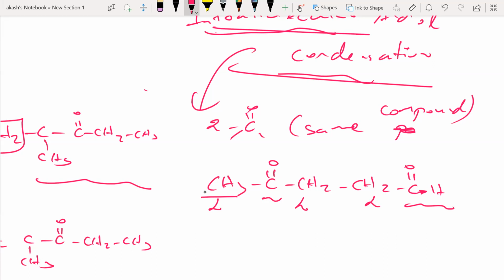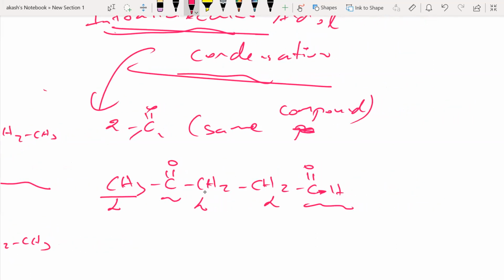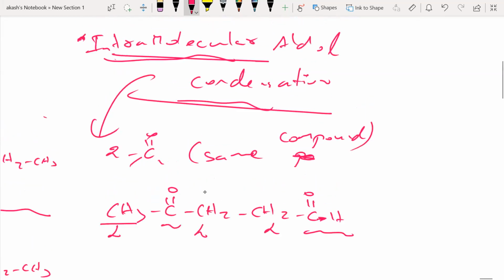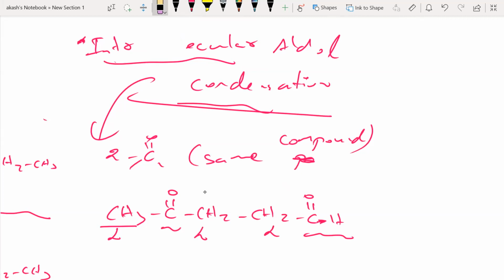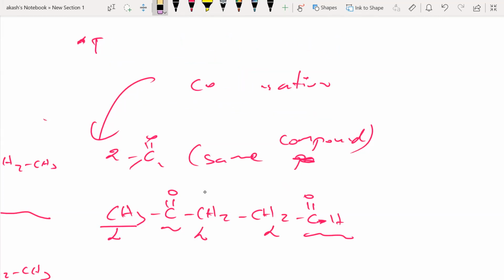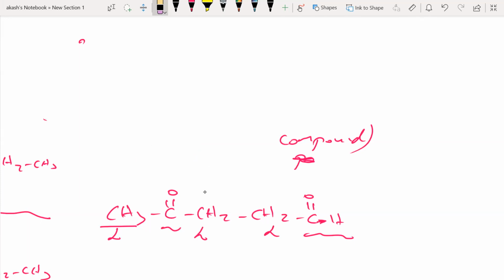Right, people? So what you have to understand is, I don't think this is there in your syllabus. Don't worry about it. This is only for JEE Mains and Advanced and NEET people. Okay, don't worry about it. Check in your book whether you have intramolecular aldol.